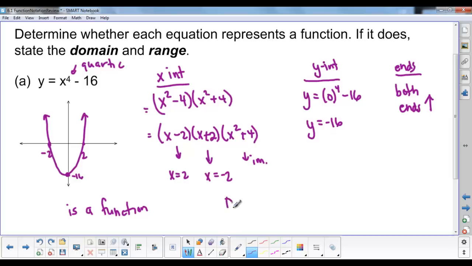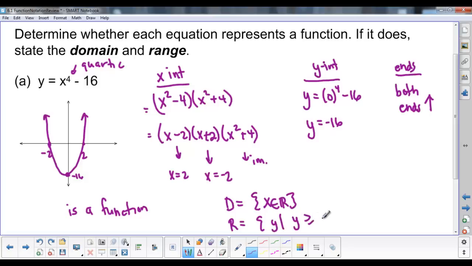Now domain and range. Any parabola will expand in both directions, left and right, forever. So we can say that x is an element of the real numbers. For our range, we see that we start at -16 and continue to rise up.